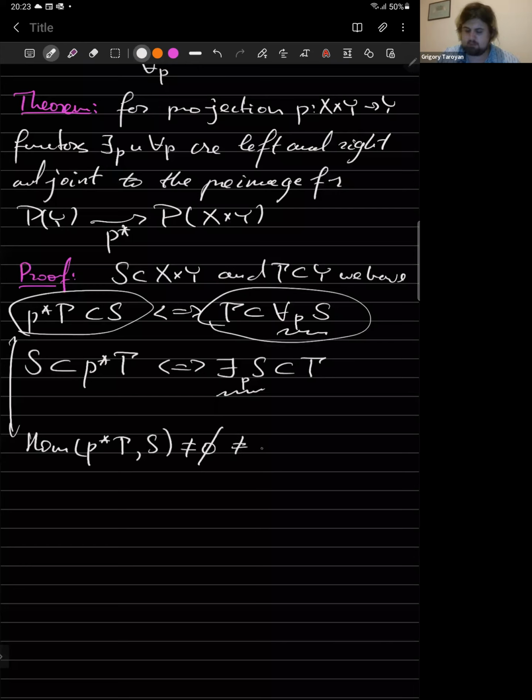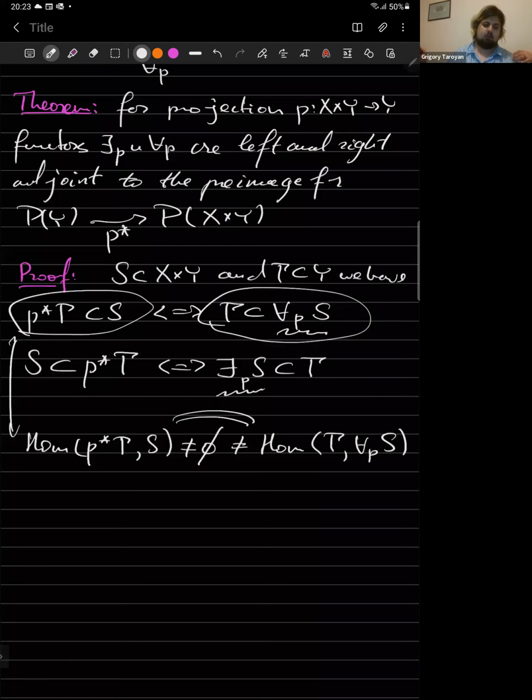And on the other side, we have the appropriate home set where the functor p star is replaced by the functor for any sub p on the other side. And so we get the natural equivalence between two home sets.